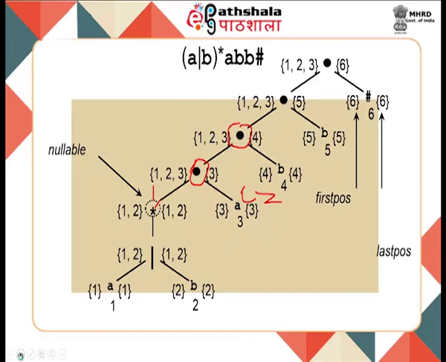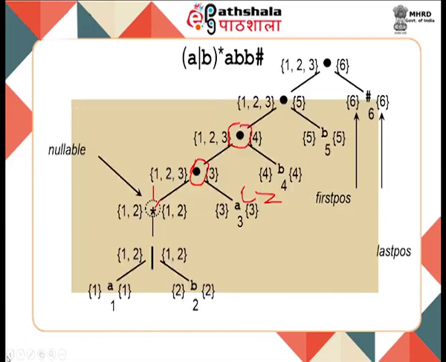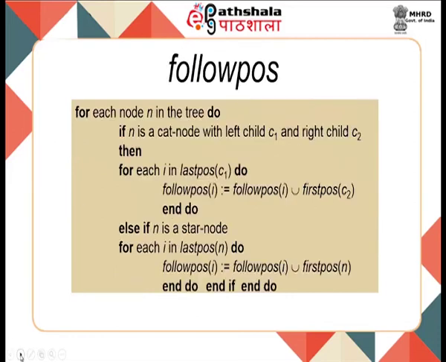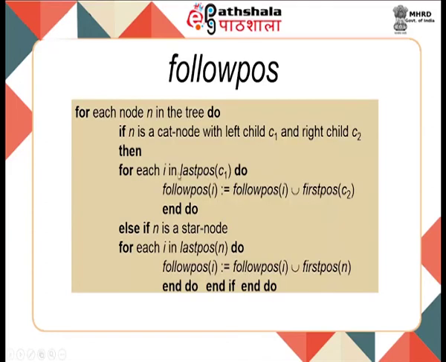Okay. So, for each I in last position of C1. So, this is my last position of C1, which is 3. Okay. So, 3 will basically have first position of B, which is 4. So, that is how I have 3 will have 4, 4 will have 5, 5 will have 6 and 6 does not have anything. So, this is according to the first rule, which is nothing but this rule for each I in last position of C1.